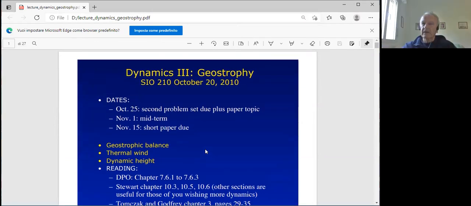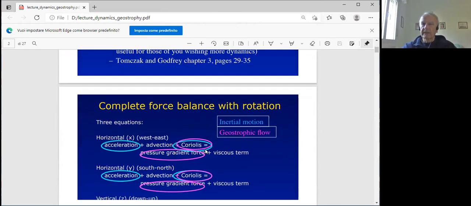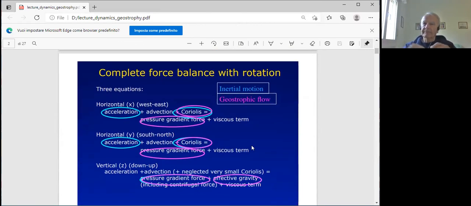So now we will be going into the dynamics of the circulation. The dynamics of the circulation means that we will see the forces which determine the flow.